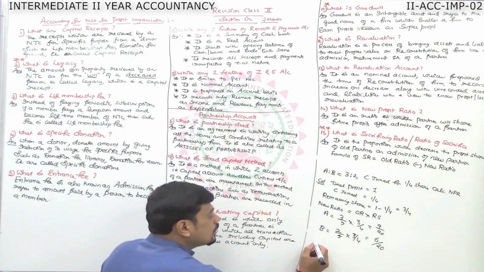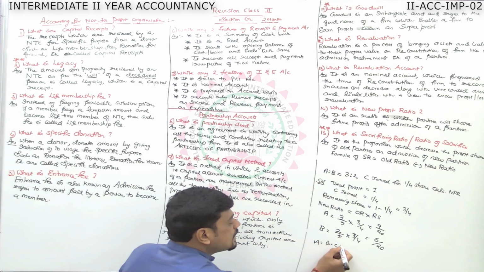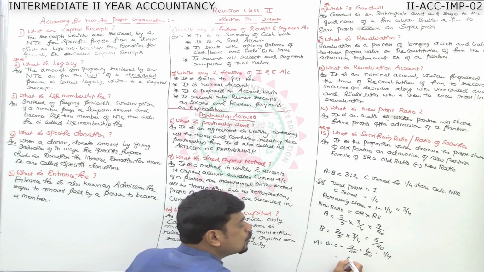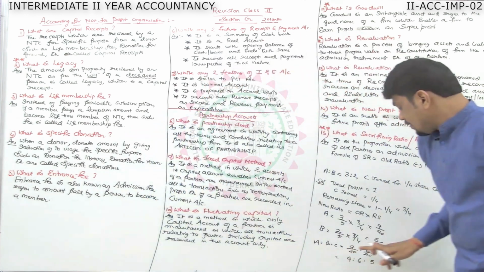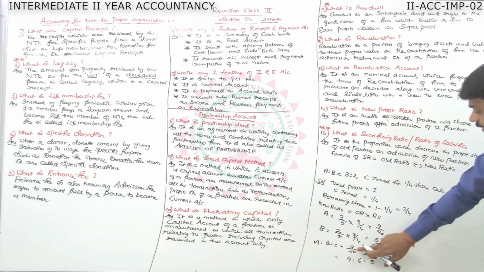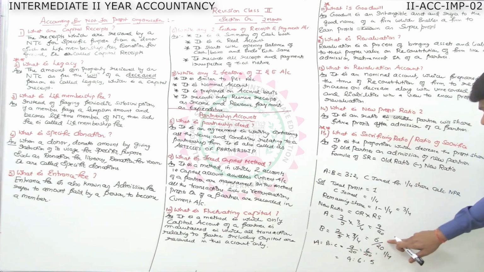Then A, B, C: simply you write 9/20, 6/20, 1/4. If you do proportion, 9:6:5. How did we get 5? We have 4 in the denominator here, so 4 goes 5 times into 20, so multiply with 5. 9:6:5.